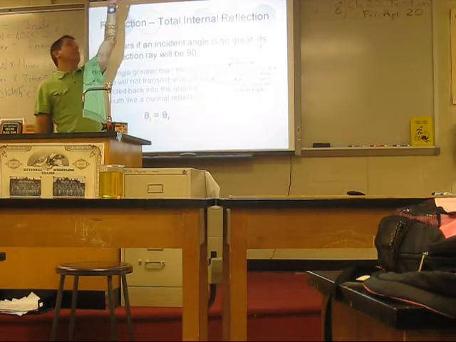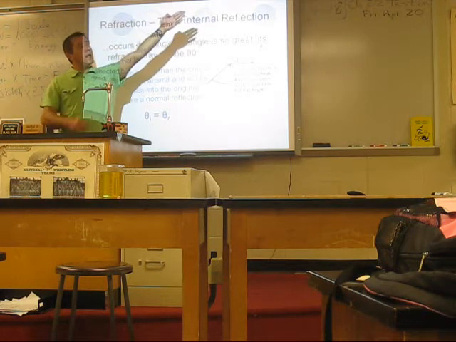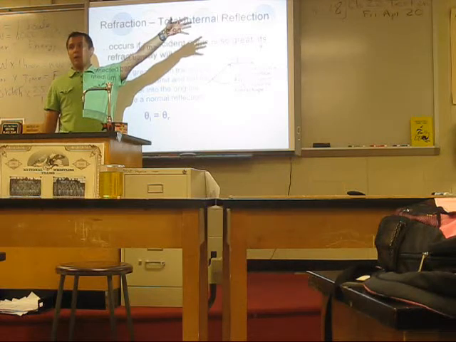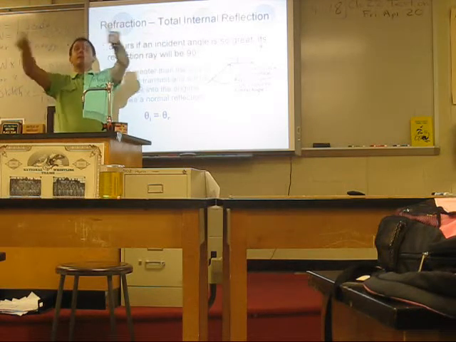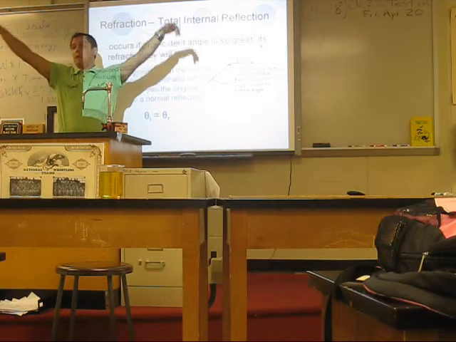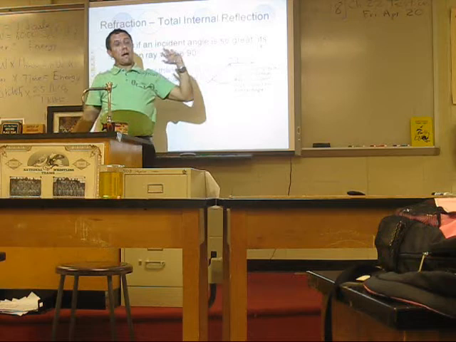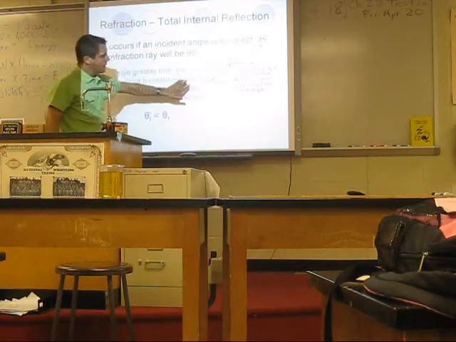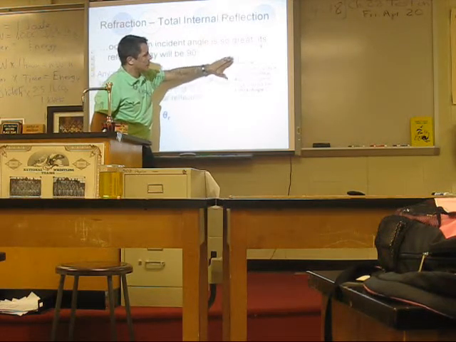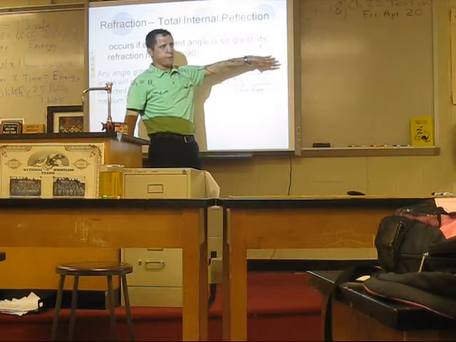So I see everything within a circle around me of 48 degrees, but as soon as I get past 48 degrees, it's going to be a mirror bouncing back in, and I won't be able to look outside that water. Hitting the critical angle will cause that ray of light to bend all the way to 90 degrees, so it's trapped along the surface.